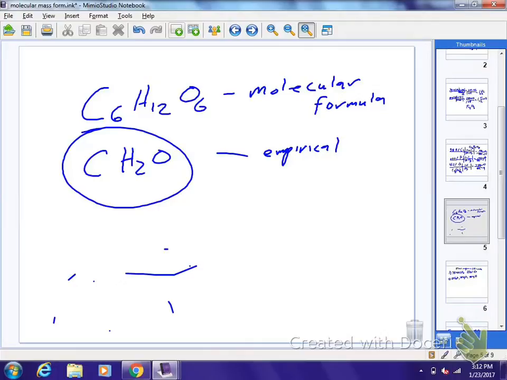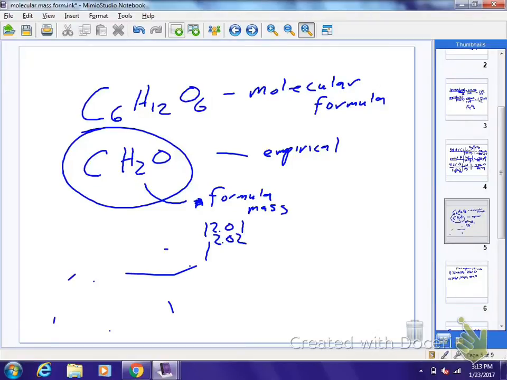Okay? This stuff you don't have to write down, but CH2O, if I would go through and calculate its molecular mass, or its formula mass, which would be taking all of its weights into account. So I've got 1 carbon, which is 12.01. I've got 2 hydrogens, which is 2.02 total.